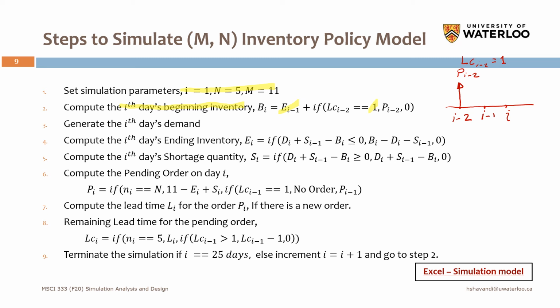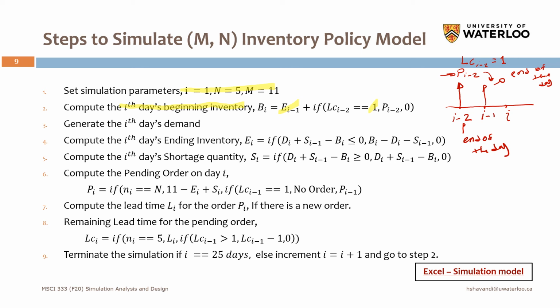Here we are at the end of the day, and it takes 1 day to have this quantity, P(I-2), in our system. So at the end of day I minus 1, we will have this order in the system. But this is the end of the day, again.